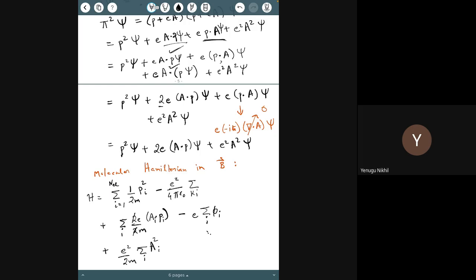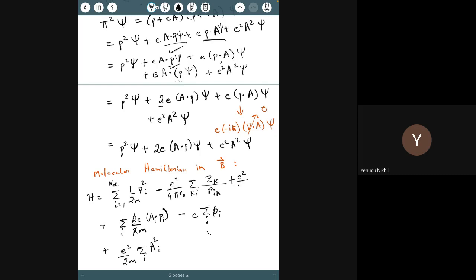I is the index for the electrons. And the Coulomb interaction of every electron with every nucleus needs to be counted. And R_iK is the distance between electron i and nucleus K.